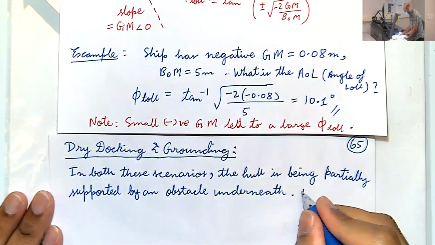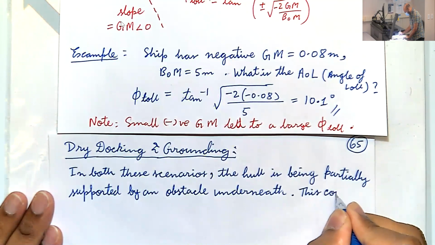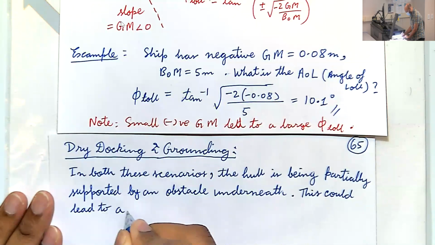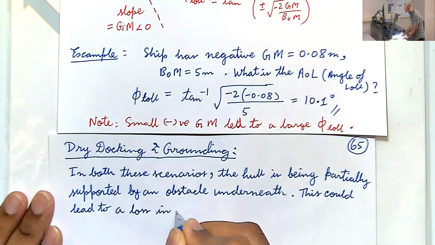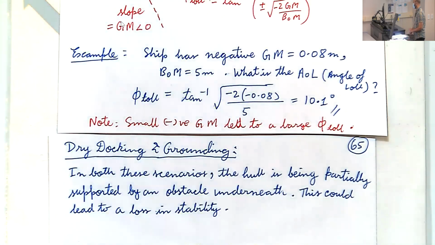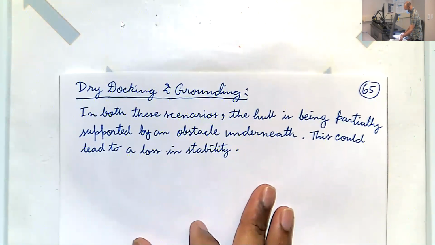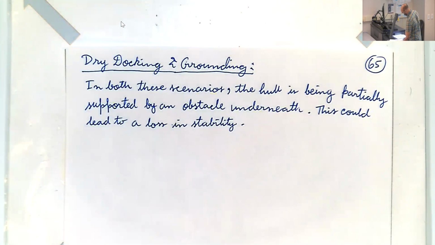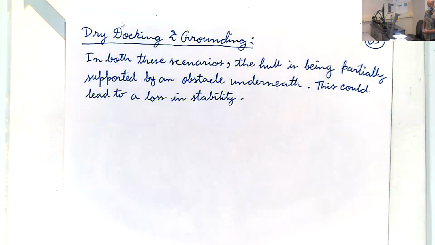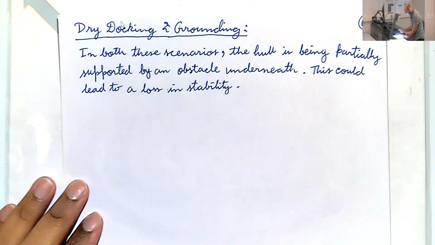And if you're not careful, this could lead to a loss in stability. Great. To figure out how exactly this instability happens, let's look at a sketch.